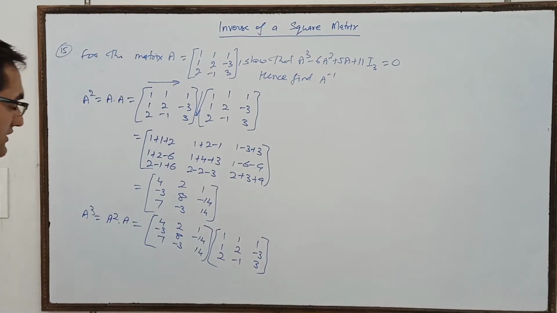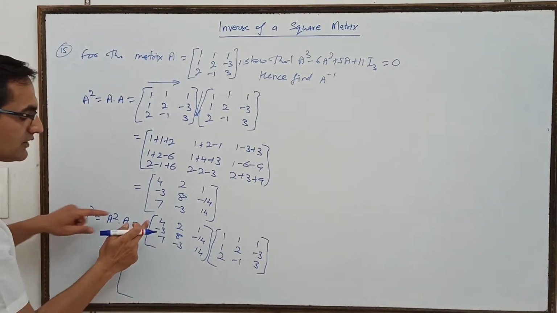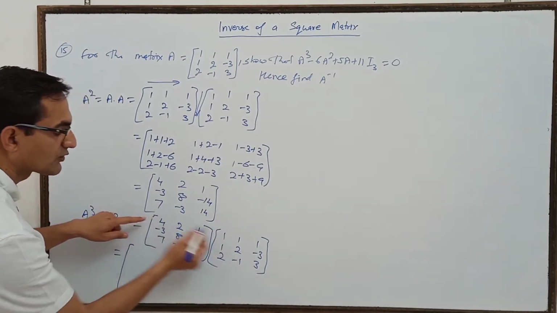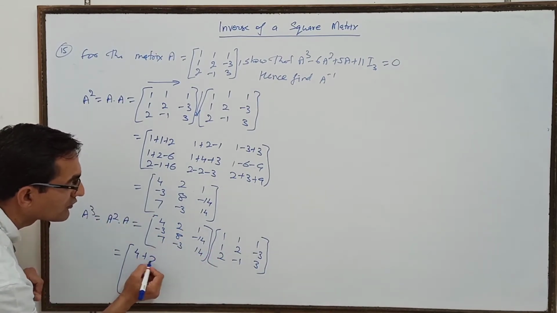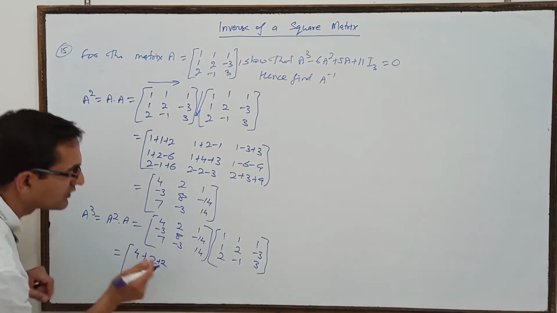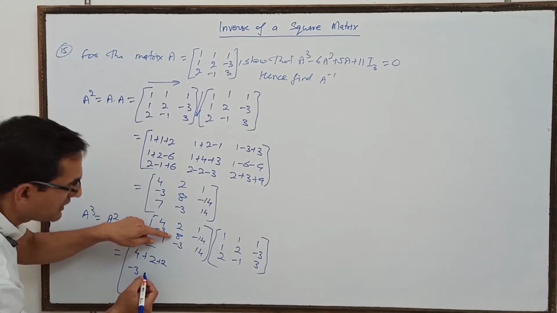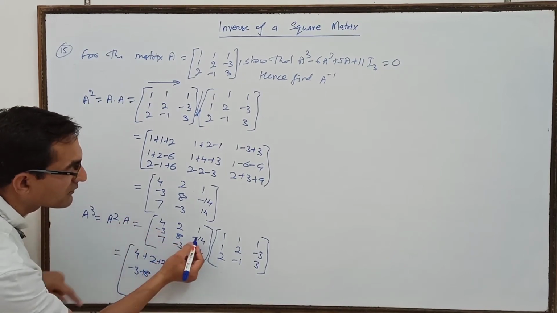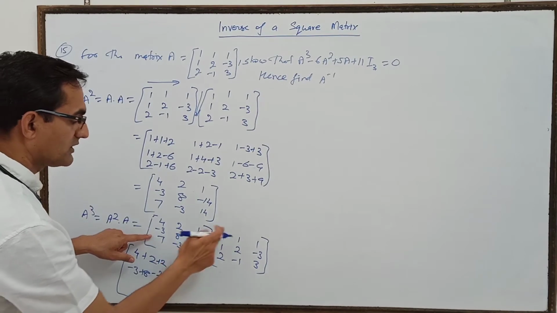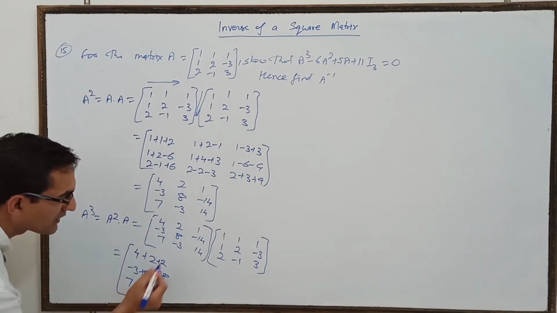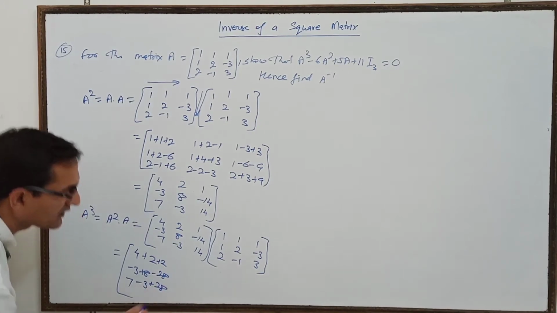Let's write it here only. Now, this row by this column, 4 into 1, 4, 2 into 1, 2, 1 into 2, 2. This row by this column, so minus 3 into 1, minus 3, 8 into 1, plus 8 and minus 14 into 2, minus 28. And this row by this column, 7 into 1, 7, minus 3 and 14 twos are 28.